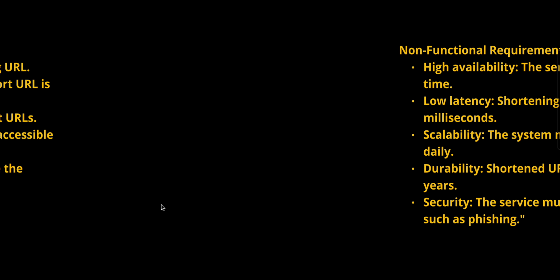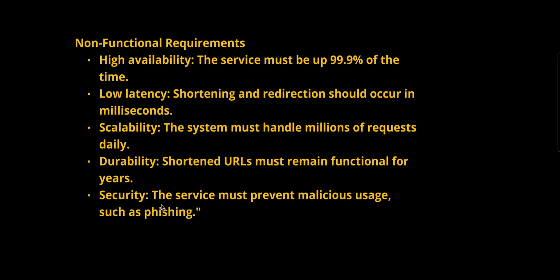However, it's time to go to the next step, which is the non-functional requirements. For any URL shortener, we need high availability because the service must be up three nines of the time. We need low latency: shortening and redirection should occur in milliseconds, because this is how they actually work. They are pretty fast. Also, we need a scalable system because the system must handle millions of requests daily.